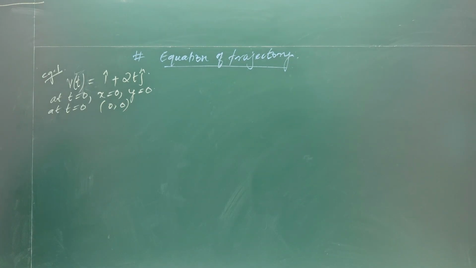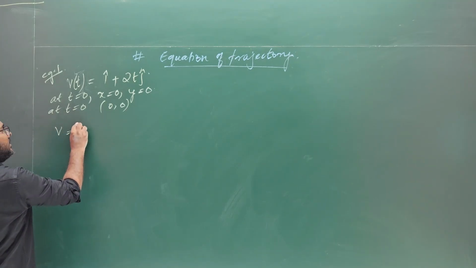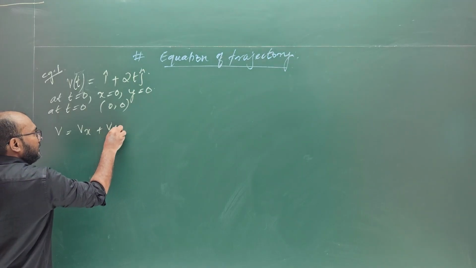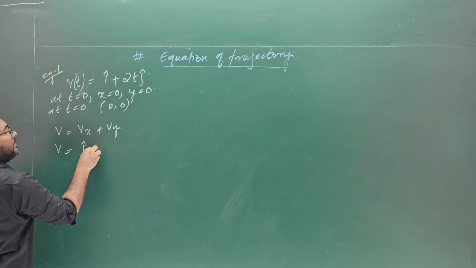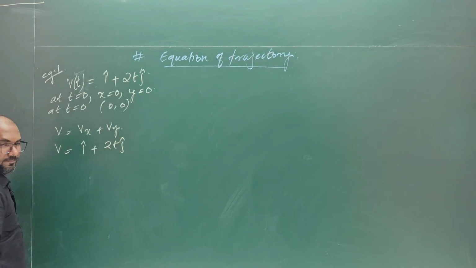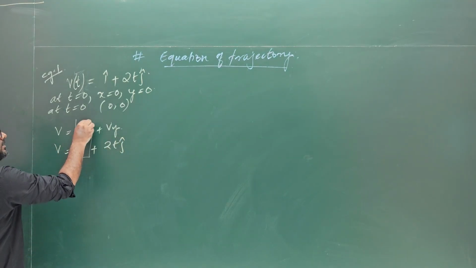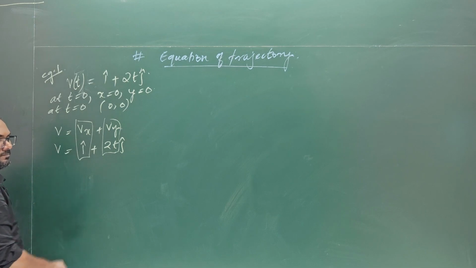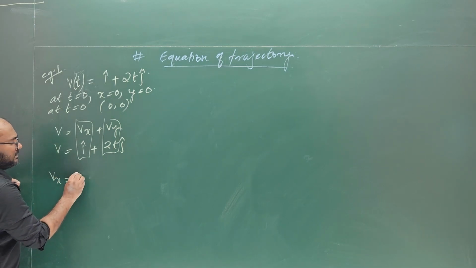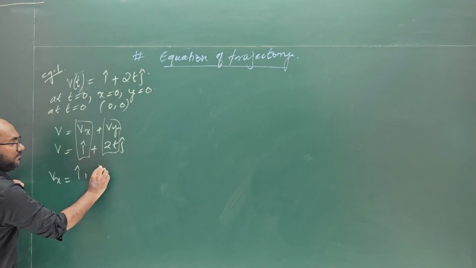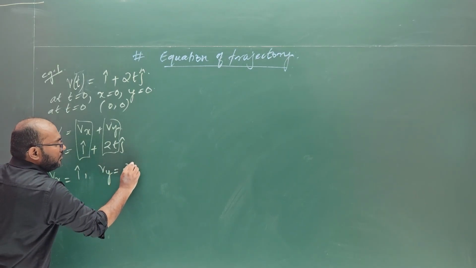Okay, all we need to do is separate the x-axis and y-axis. Generally, this v is nothing but vx and vy now. Yes or no? What is our equation? V is nothing but i cap plus 2t j cap. Can I say this is your x value and this is your y value? Yes or no? So Vx is nothing but, can I say i cap, and Vy is nothing but 2t j cap.